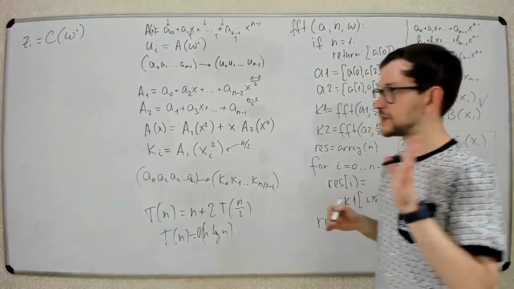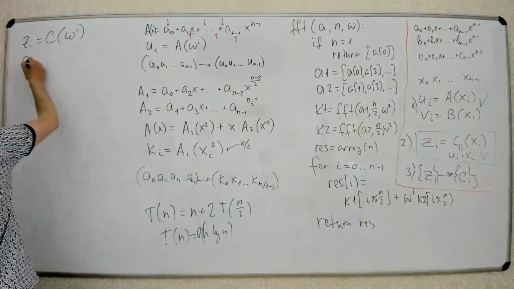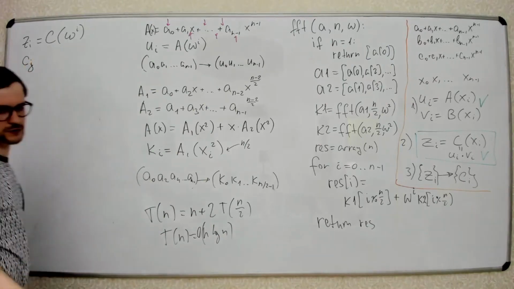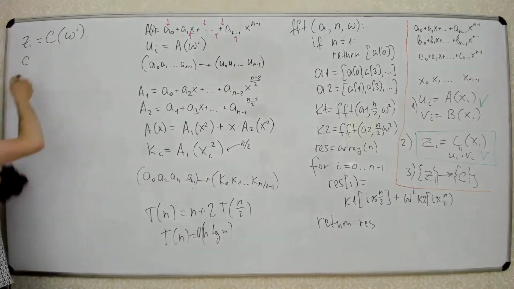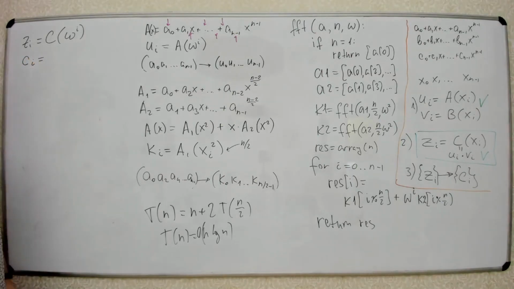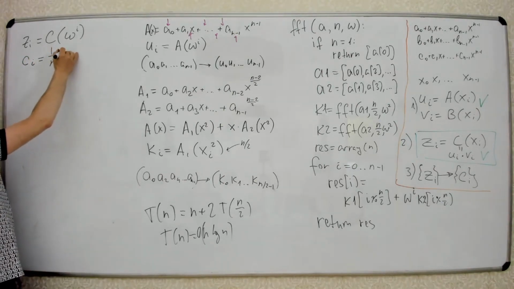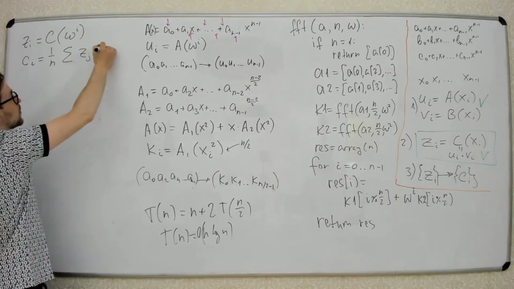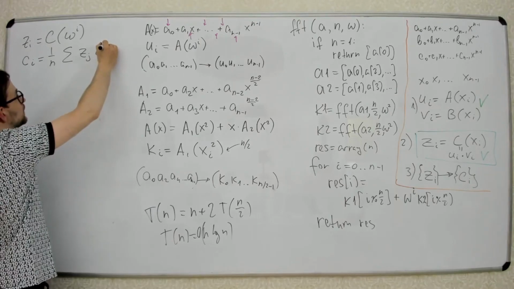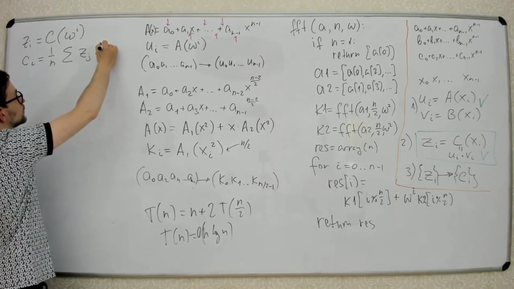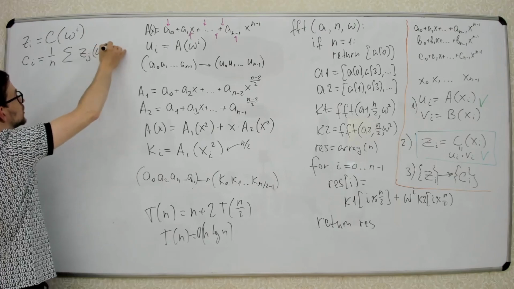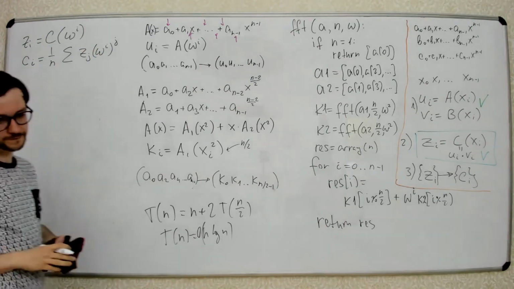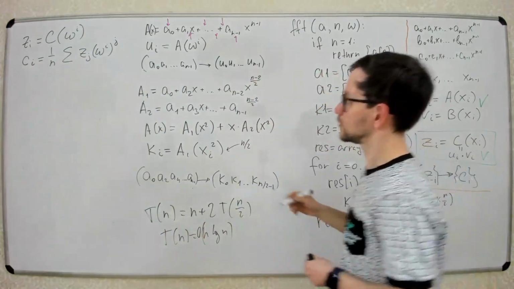Then I claim that the coefficients of polynomial c are calculated pretty simply. The coefficients of polynomial c, let's say c_i, can be calculated like this: as 1 over n times the sum of z_j times w to the power minus i times j, like this.